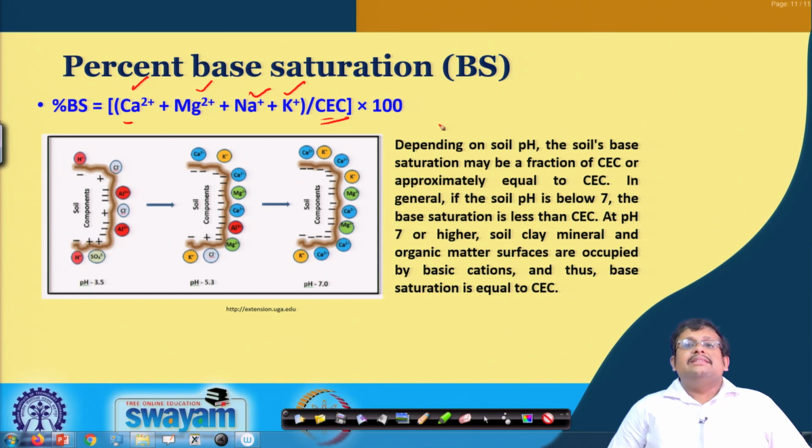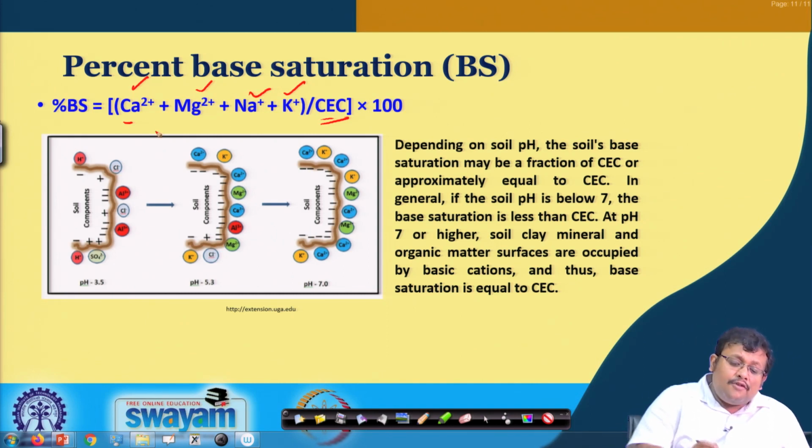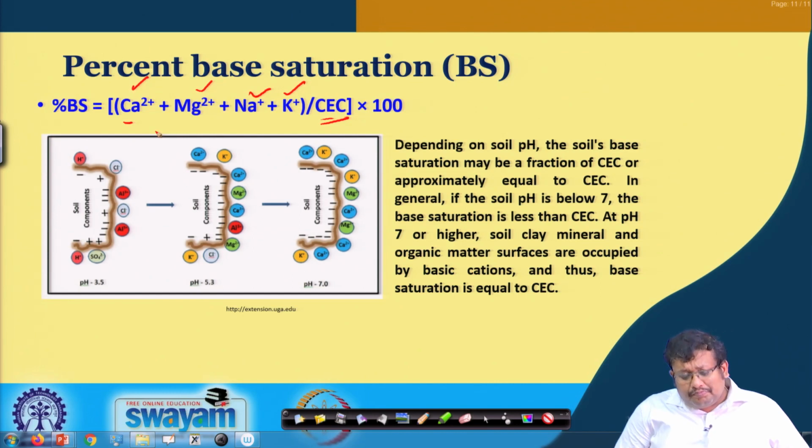So, this is basically the percentage of the total cation exchange capacity that is occupied by these 4 cations. Now, depending on soil pH, the soil base saturation may be a fraction of CEC or approximately equal to CEC, based on different soil pH conditions.